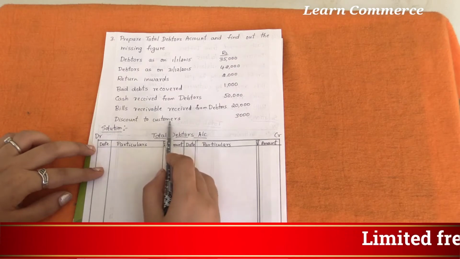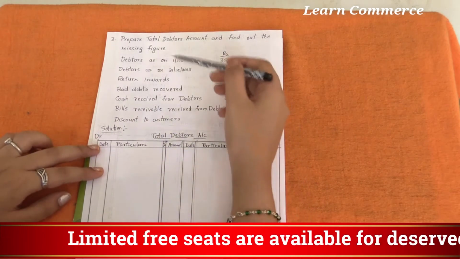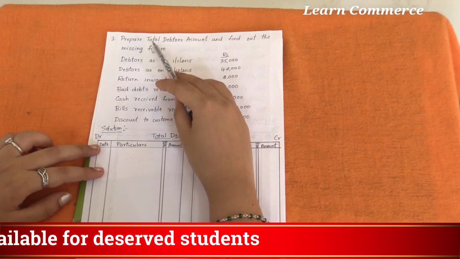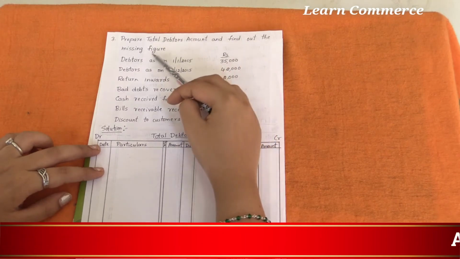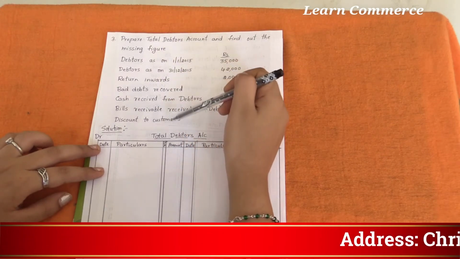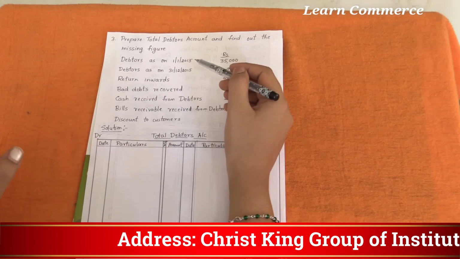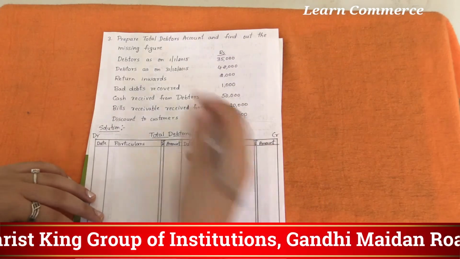Discount to customers 3,000. The given information relates to debtors, and in the question they told us to prepare the total debtors account and find the missing figure. Whichever aspect is missing, that we should find out. That is why you should know the format of the total debtors account. Okay, let us solve the problem.